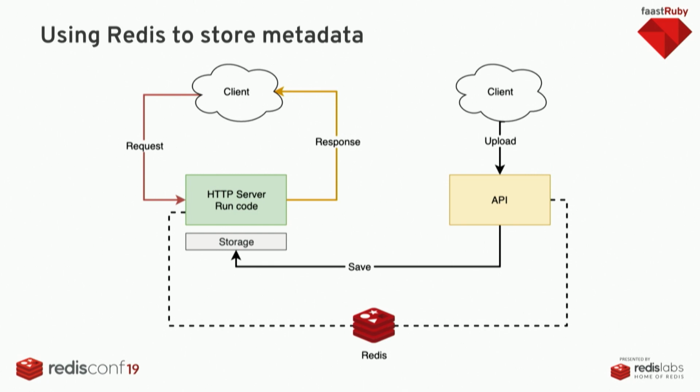Because I wanted to support multiple environments, which I call workspaces, I needed to start storing metadata for the functions and for the workspaces. So then I decided to use Redis because it's blazing fast, and one of the requirements is to be fast, just to store that metadata.